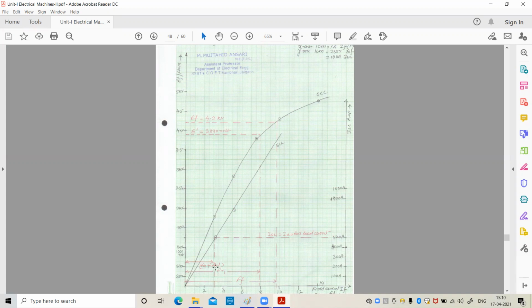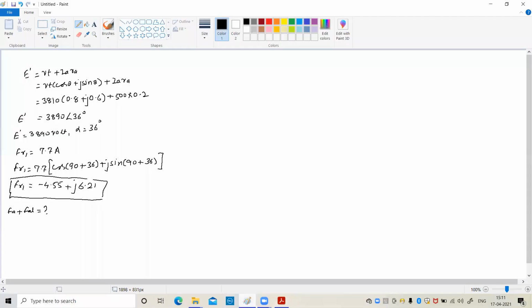So FA plus FAL is nothing but the field current required to circulate full load short circuit armature current. So here FA plus FAL is equal to 3.2 ampere. Now calculate FF. FF is equal to FR1 minus FA plus FAL.